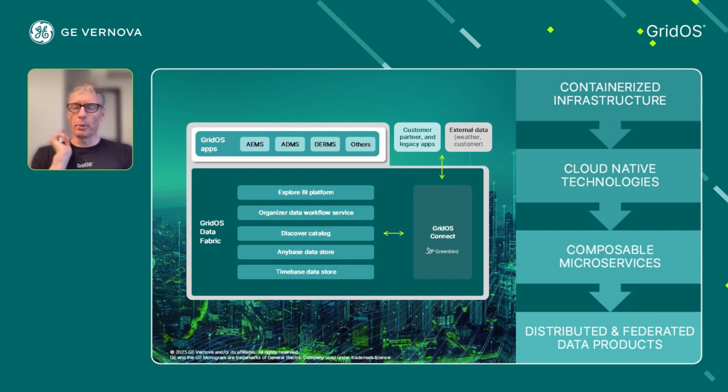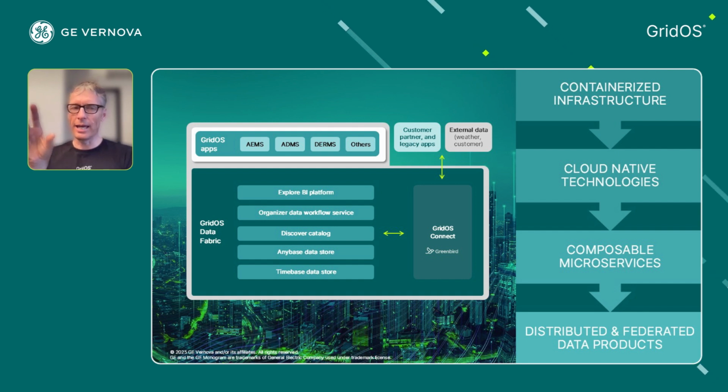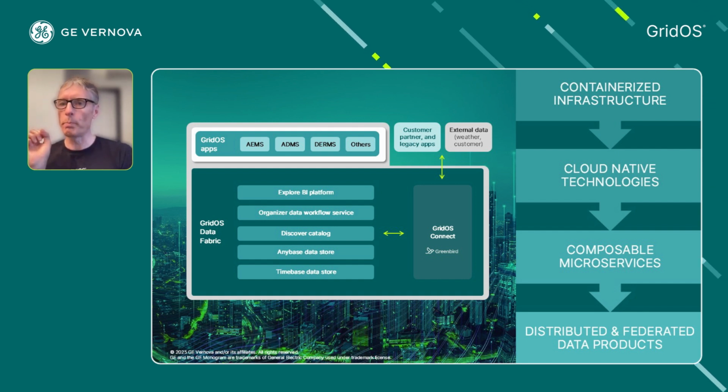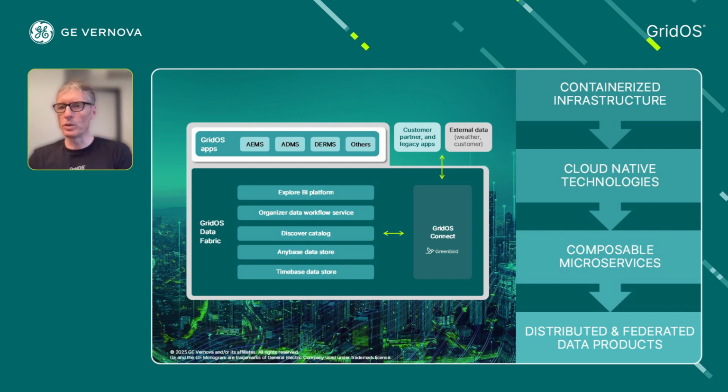Another quite important component in the data fabric is the component called GridOS Connect. GridOS Connect is an integration component, a middleware, an enterprise service bus, whatever you want to call it, but it's purpose-built for utilities. And purpose-built for utilities means, and now I'm answering one of the questions in the chat, the question was related to the traditional gap between IT and OT, or to turn it around, how can the data fabric bridge the IT-OT integration gap?